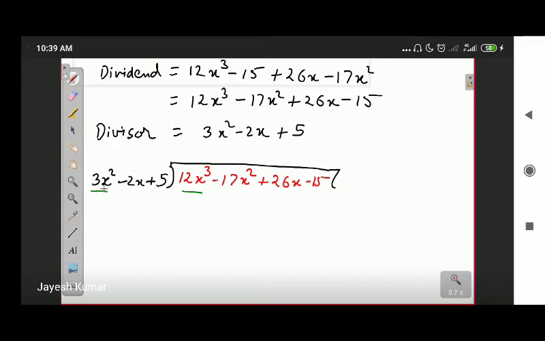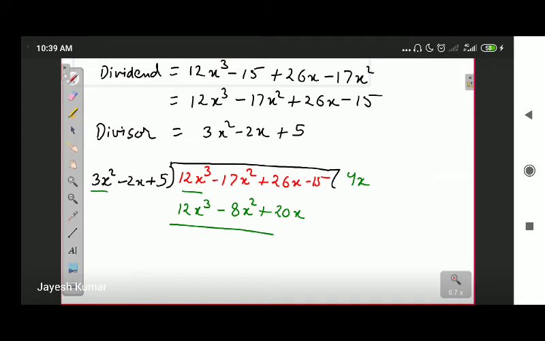What should we multiply with 3 to get 12? That is 4. What should we multiply with x square to get x cube? That is x. So now 4x is to be multiplied with all of this polynomial. This will be 12x cube minus 8x square plus 20x.